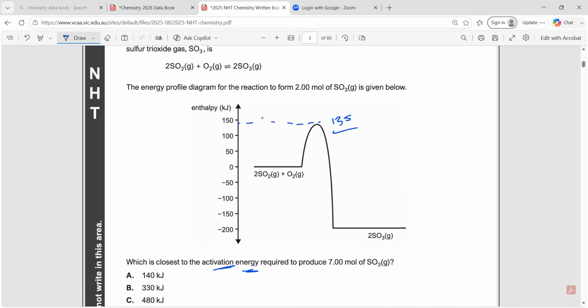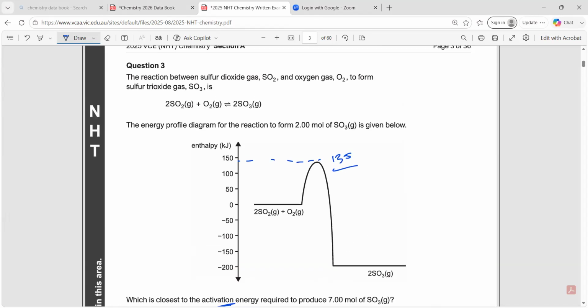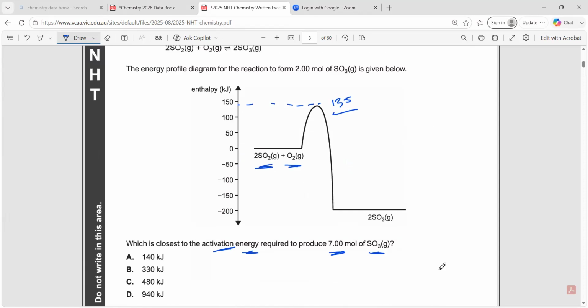Generally speaking, the activation energy doesn't actually change. The enthalpy will change, but we're still dealing with the same molecule. We're still dealing with the same amount of reactants, and therefore the same types of bonds need to be broken. That's not going to change the amount of energy we need to break them.